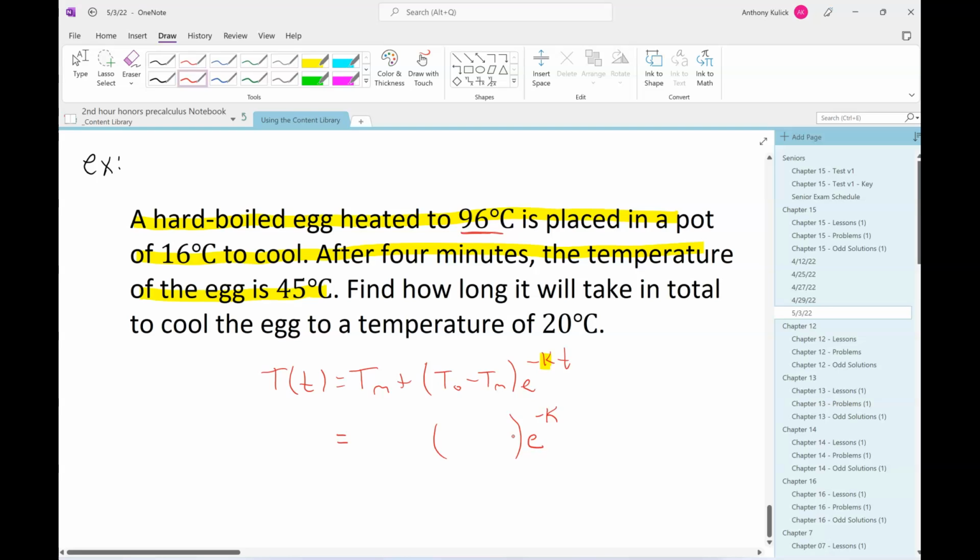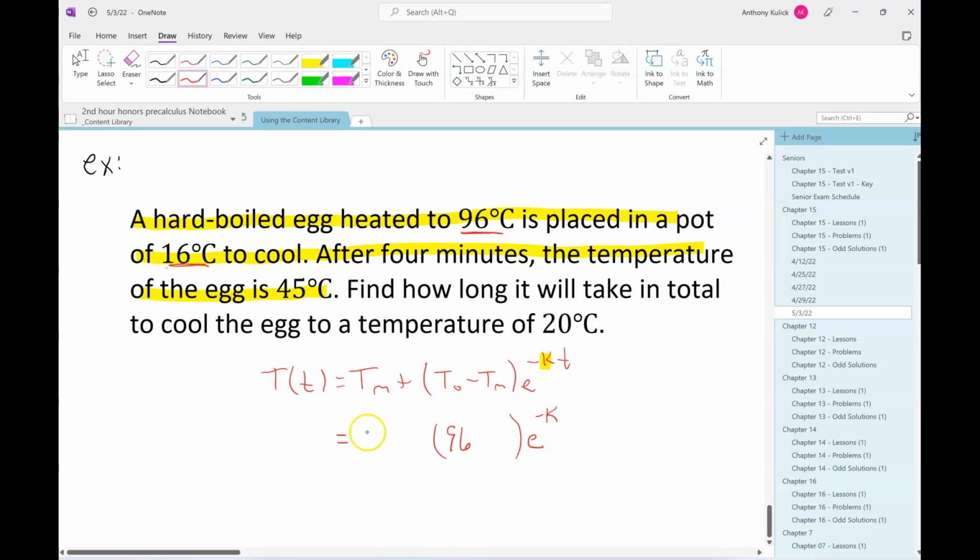That's the temperature of the substance when it's removed from the heat, right? That's the T naught. Okay. What's the 16 degrees? TM.